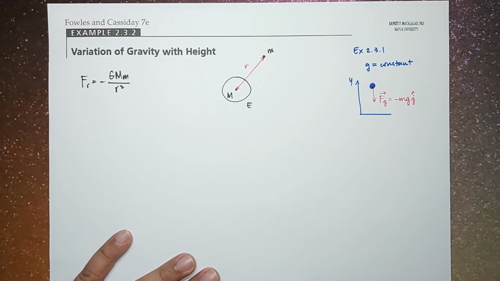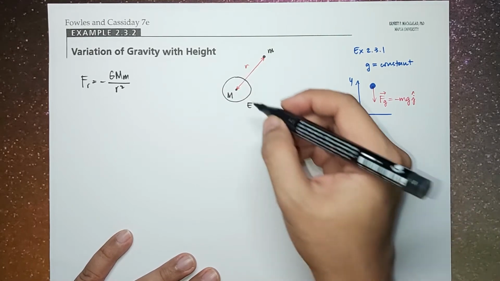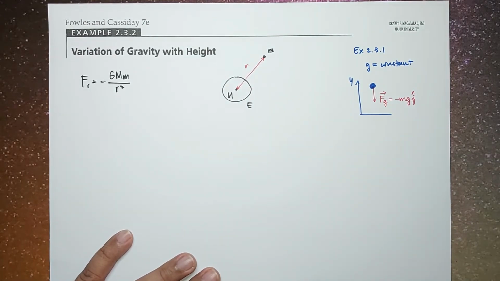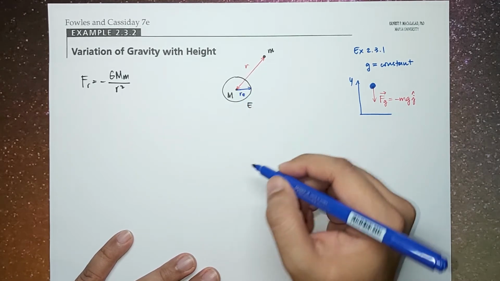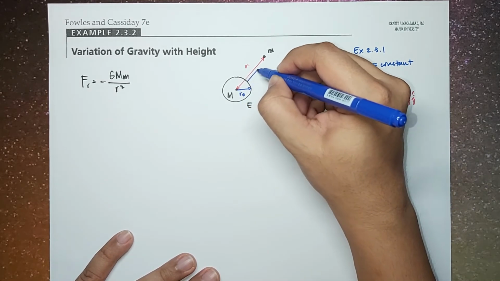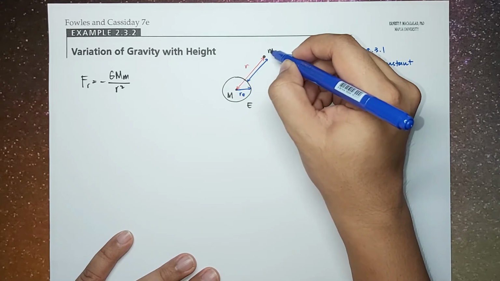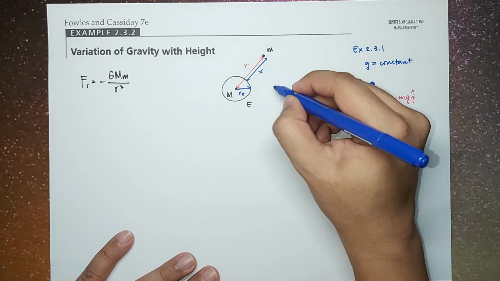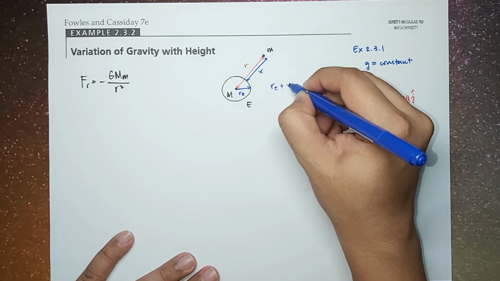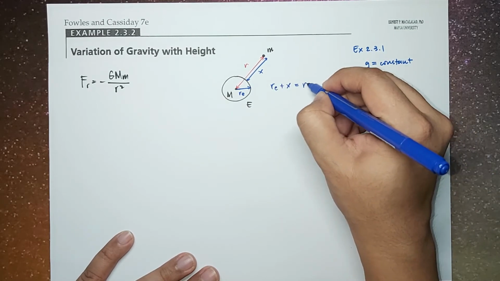Now let's say we define the radius of the earth to be R_E, and the distance of your particle from the surface, let's call that x, so that R_E plus x would be equal to your r.